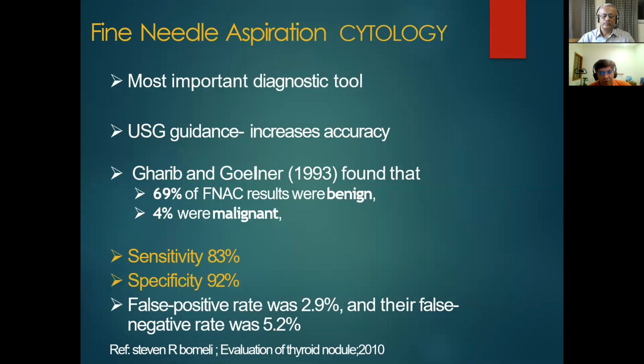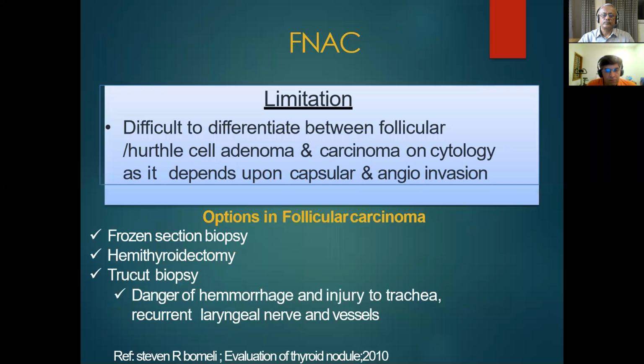The false positive rate was 2.9% and the false negative rate was 5.2%. The limitation with FNAC is that it is difficult to differentiate between follicular adenoma and Hürthle cell adenoma and carcinoma on cytology, as it depends upon capsular and angio invasion. So the options in such lesions will be frozen section biopsy, post hemithyroidectomy, and true cut biopsy.